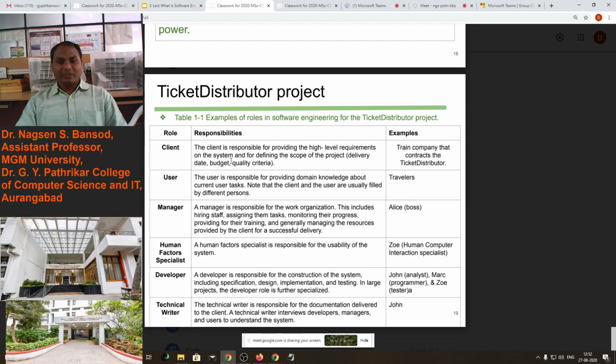In the ticket distributor machine, we have to collect all the information from the conductor. The conductor will be the client. From him we have to collect the information. He will be the high level requirement person.